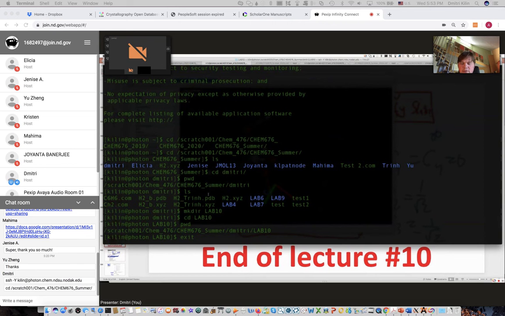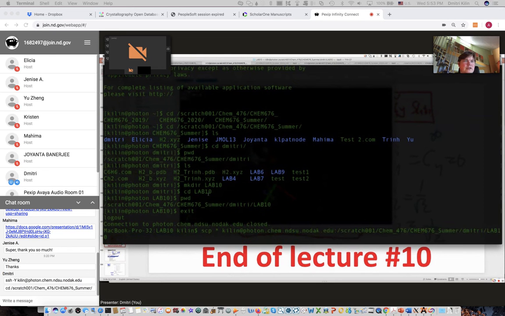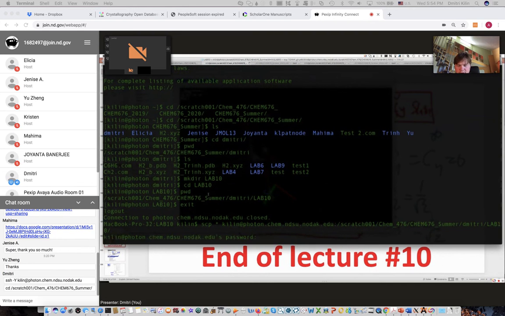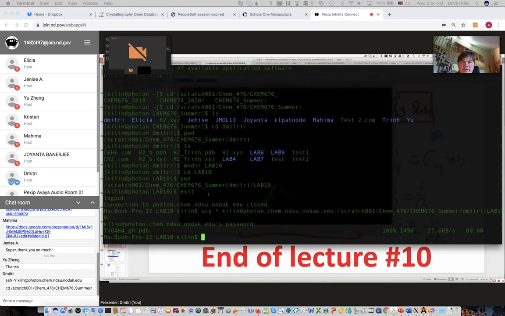So scp everything, and I have only one file. I want to copy this PDB file to the server, and it asks for the password, and this PDB file is transferred. And then I'm logging in once again.